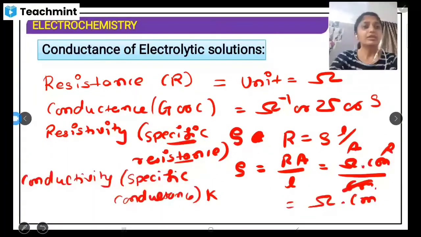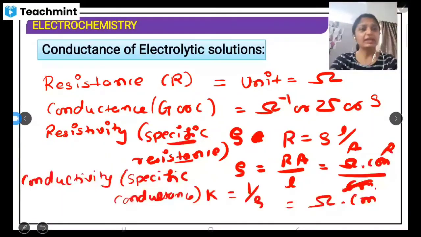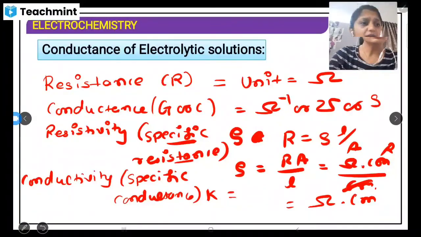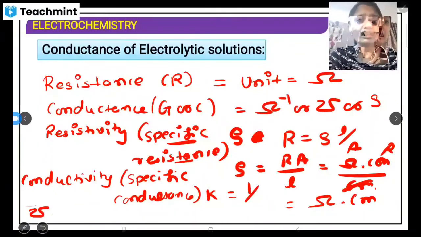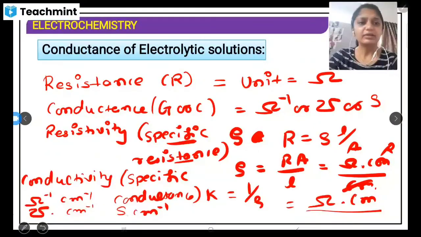So kappa is equal to the reciprocal of resistivity. So finally we have the unit ohm inverse centimeter inverse, or mho into centimeter inverse, otherwise Siemens into centimeter inverse.